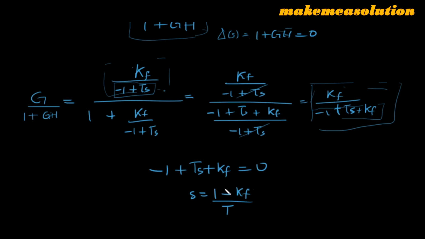Is that okay? So the problem is that we don't really know whether this pole will be positive or negative. This pole will be negative if the multiple of K and F is greater than 1, and if the multiple of K and F is less than 1, the pole will be positive.